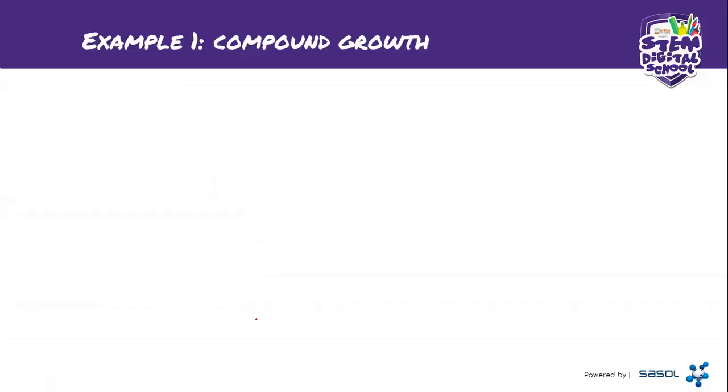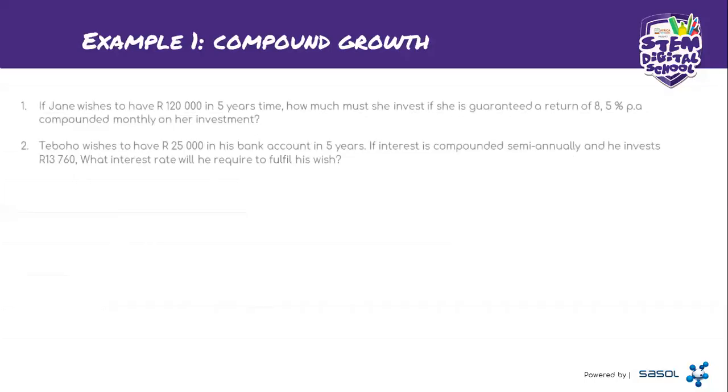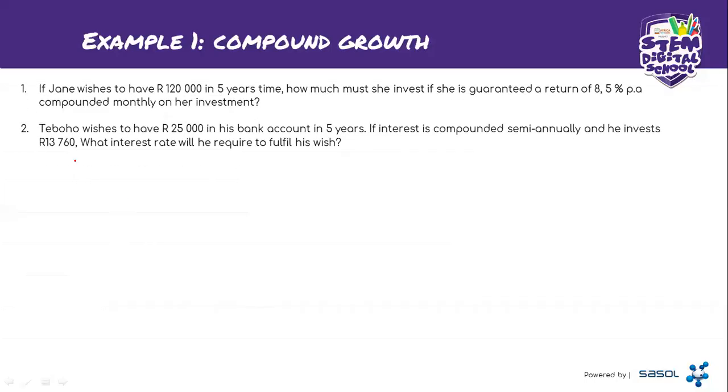All right, let's proceed. Example 1 from the compound growth. Let us first read the first scenario. If Jane wishes to have 120,000 in 5 years' time. This person wished to have this amount of 120,000 after 5 years, which is the value of A. She wants to accumulate 120,000 after 5 years.